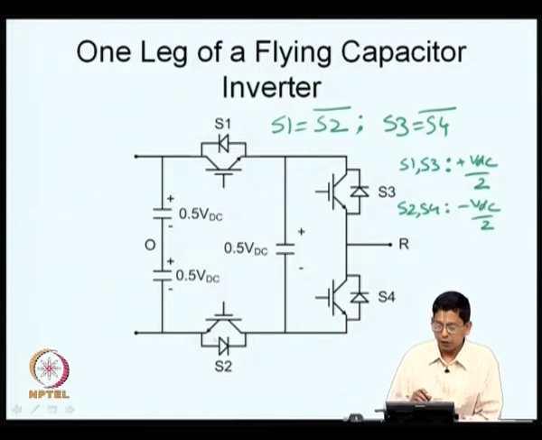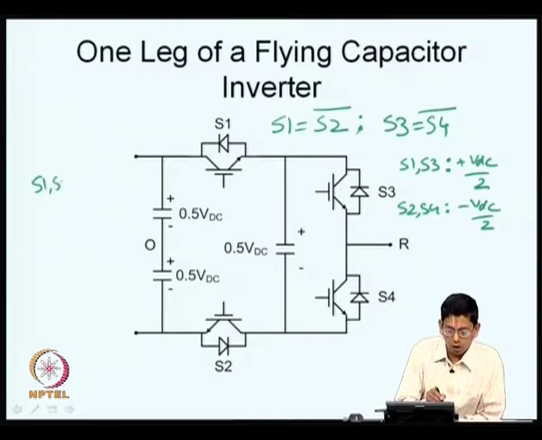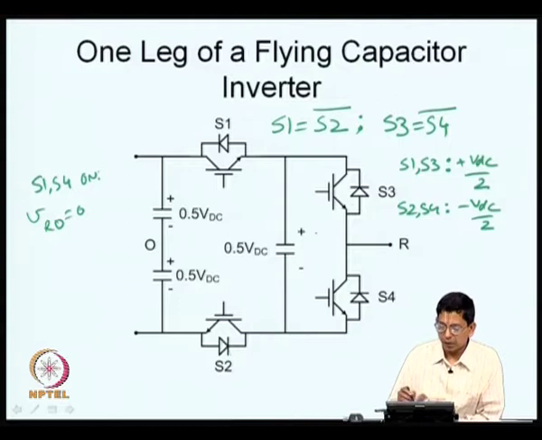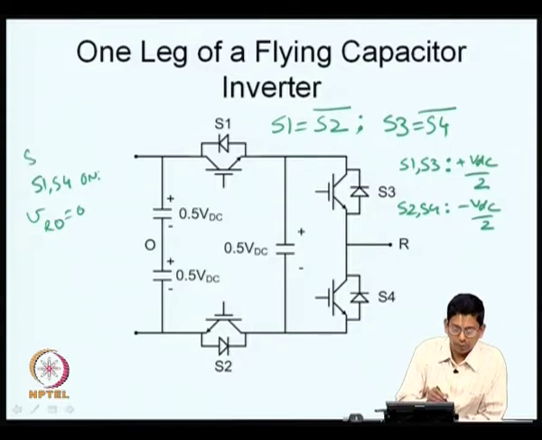On the other hand, if S1 and S4 are on, then you get 0, this potential is now effectively 0, and so VRO is equal to 0. The same thing can be realized by having S2 and S3 also on.